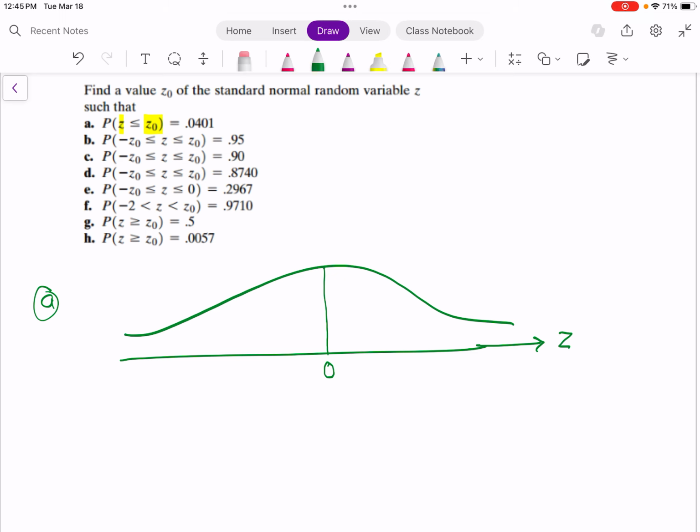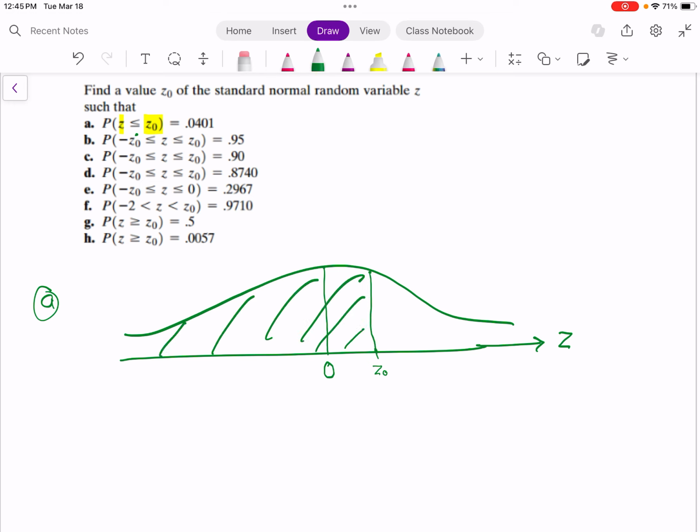Now where will be our g naught? The total probability that g is less than g naught is 0.401. Now where is that g naught, on the left of 0 or on the right of 0? If, for example, you take your g naught here, less than g naught means everything on the left of g naught.